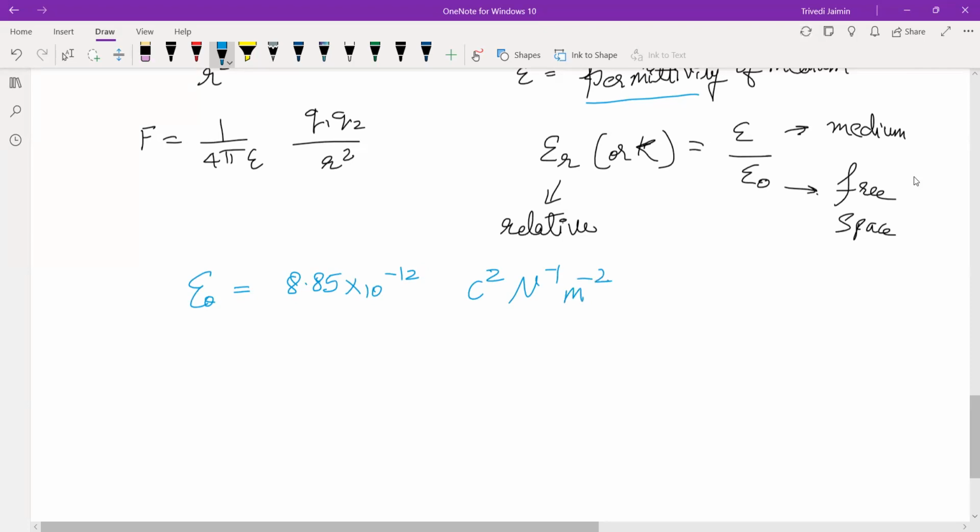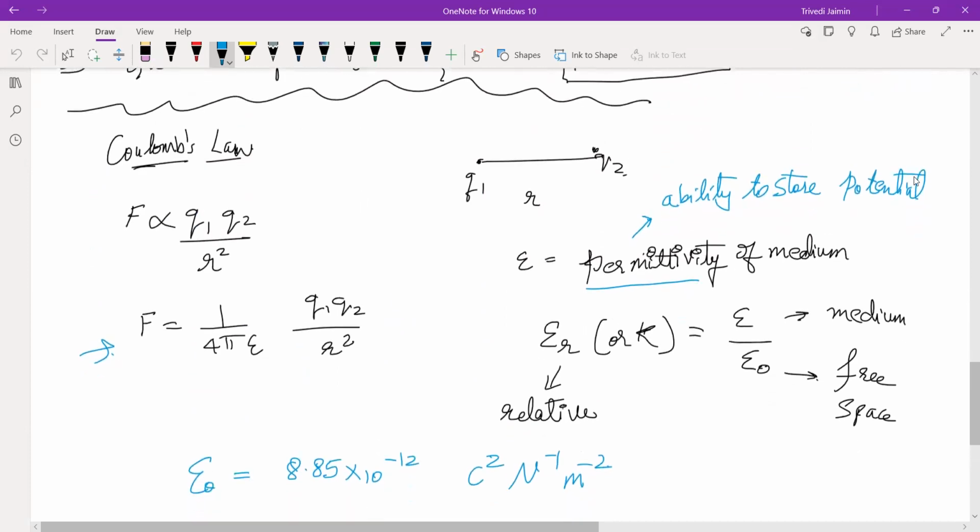And this we got from the formula itself, because we know force, we know charges, we know R. Make a note of it.